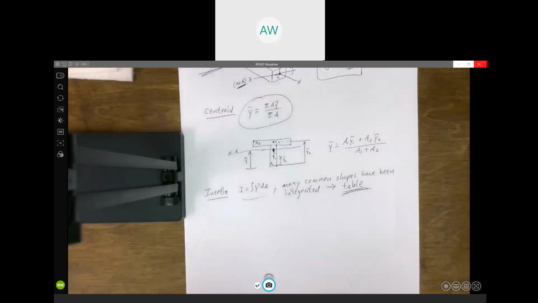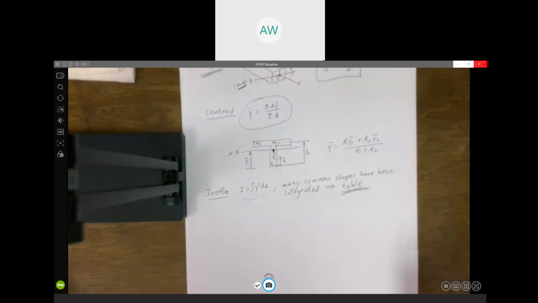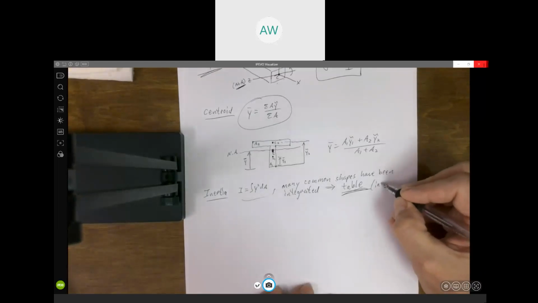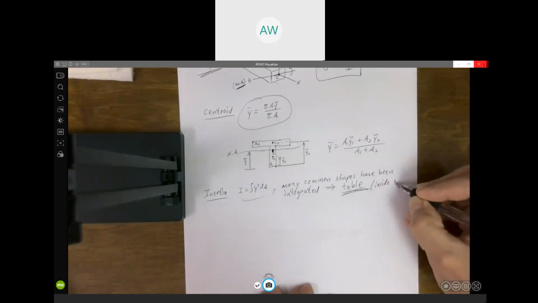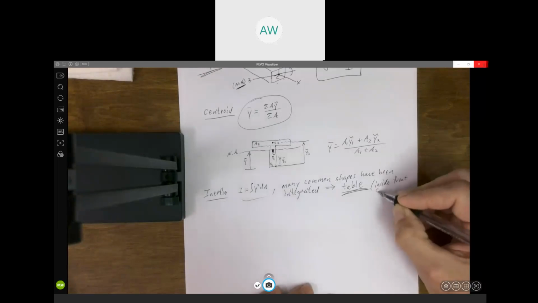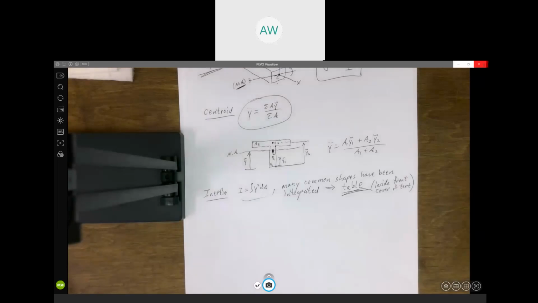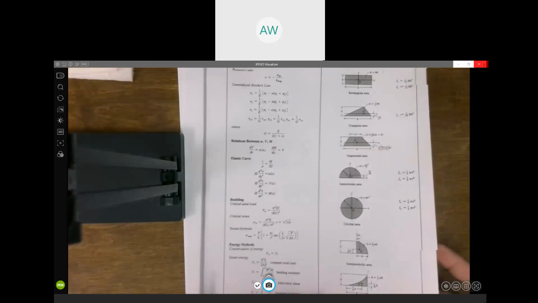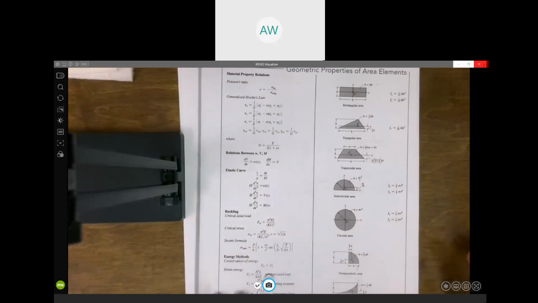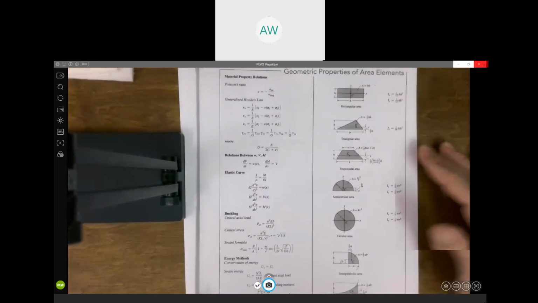Now, there are extensive resources out there where you can get formulas for moments of inertia for lots of different shapes. But there is a small table in your textbook. If you have a hard copy, inside the front cover of your textbook, you'll see a table. I actually have a copy here, and I'll show you what it looks like. All right, this is from inside the front of your book.